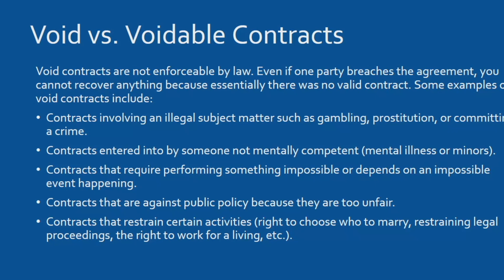Contracts entered into by someone who's not mentally competent. Now, this happens a lot, for example, with TV advertising, okay? So there's an ad on TV for buying the Chip Family Mortgage, and I see, what's his name, advertising it. Let's assume that I was the one who went out and bought that, and then it was found that I had Alzheimer's, and I entered into a contract with the Chip Family Mortgage.